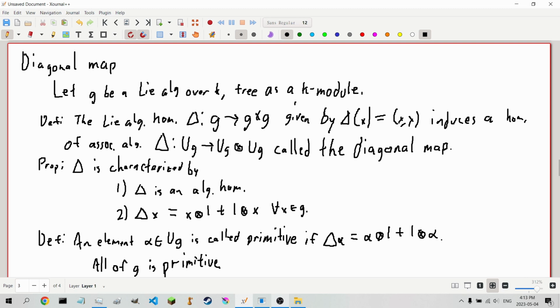This is going from the universal algebra of G to the universal algebra of G twice, tensored with itself, as you might expect, which is going to be called the diagonal map.